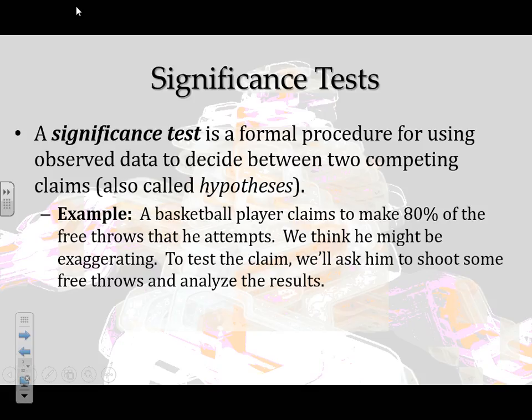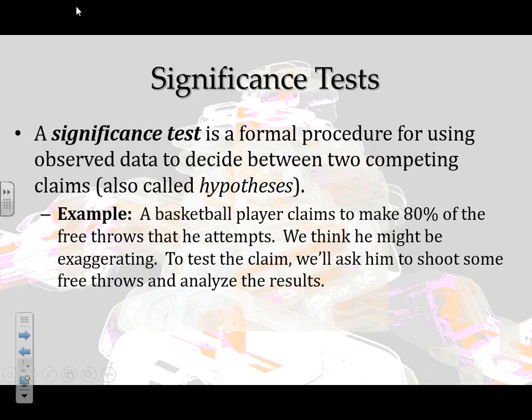We think maybe he shoots less than that. So we have one claim that his actual average is 80%, and we have our claim, which is that it's less. So we would run our test based on him shooting a sample of free throws. He would shoot a certain number of free throws.